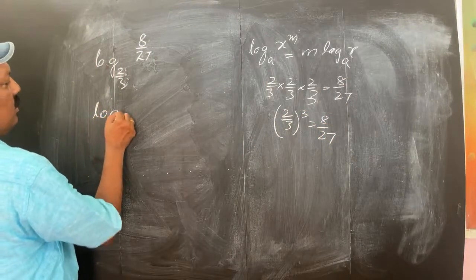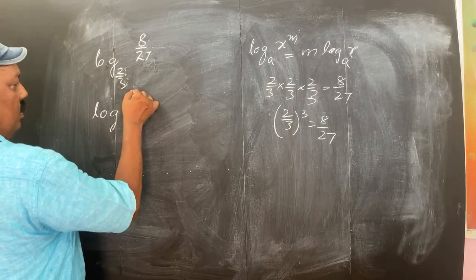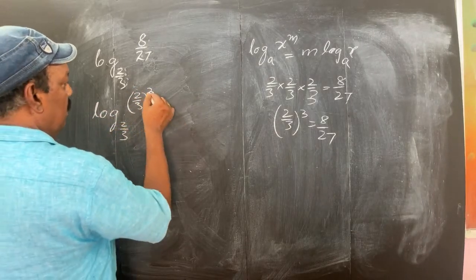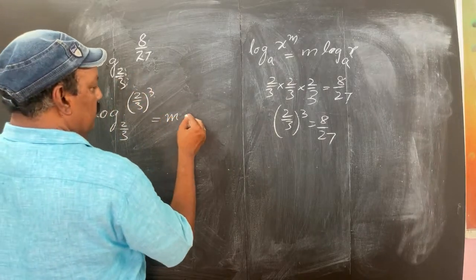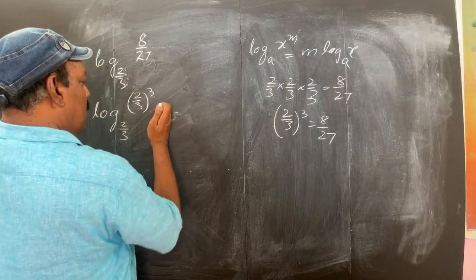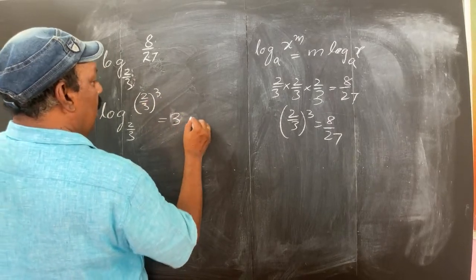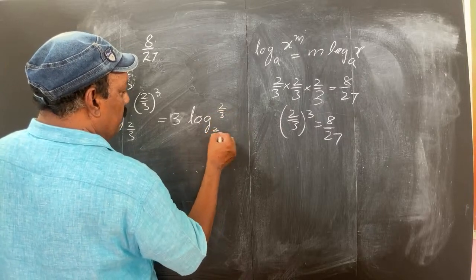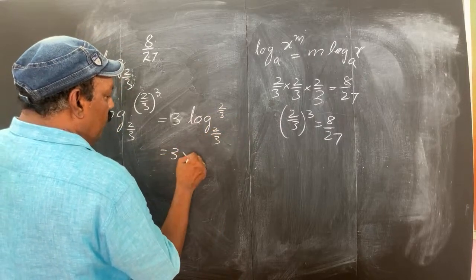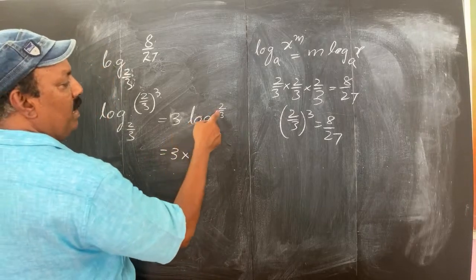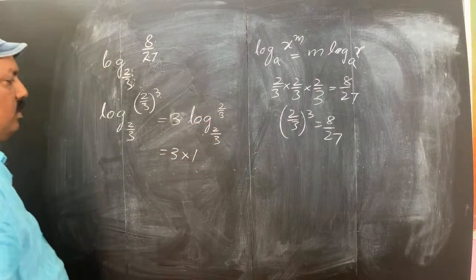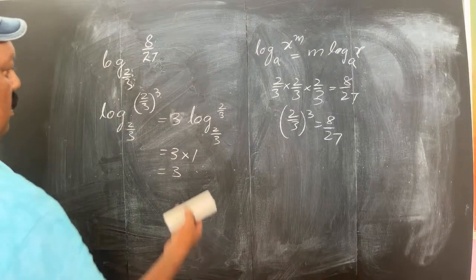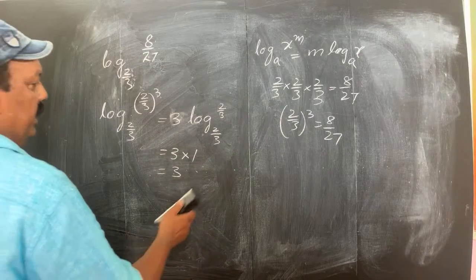So log of 2 by 3 whole cube base 2 by 3: here the exponent will become the character, that is 3, and the log value is 2 by 3 and the base is also 2 by 3. Now 3 into 1. Why did we get 1? Because the log value and base value are the same, so it will be 1. So now 3 into 1 is 3. This is one more example. I think you got it clear?